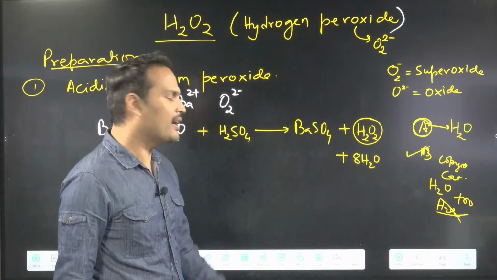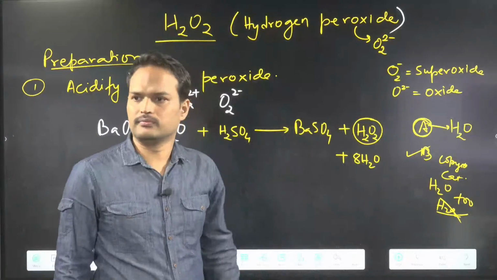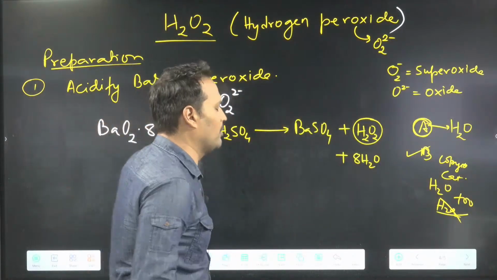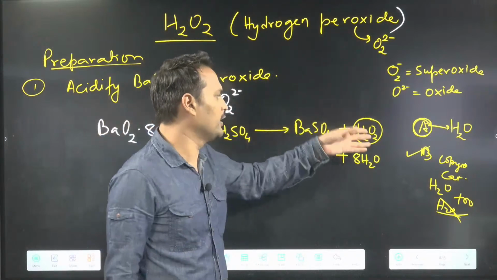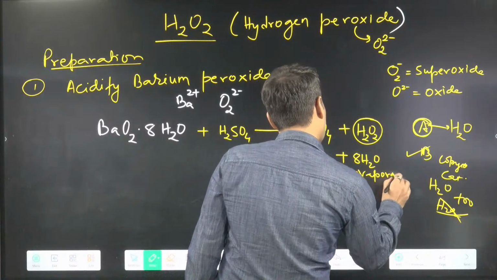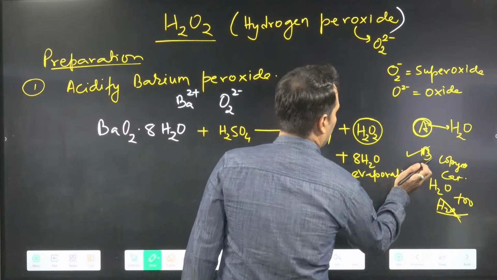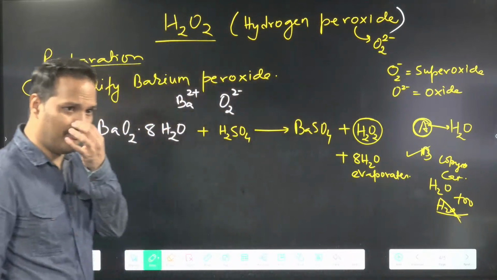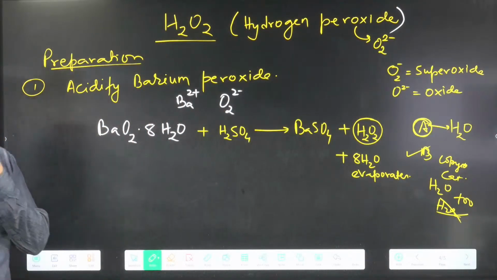They are saying keep evaporating the water. So water is gone and this reaction will move forward, more forward, and you will get H2O2. Got the point? This is the first preparation method.